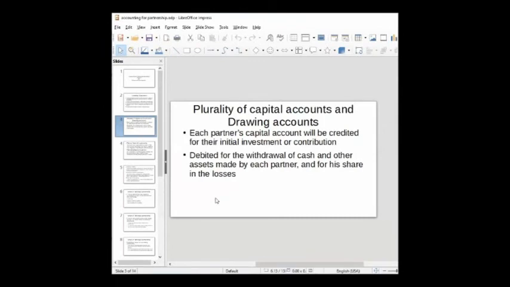So if we have a capital account for each partner, we also maintain a withdrawal account for each partner. And that is what we call plurality of capital accounts and drawing accounts.